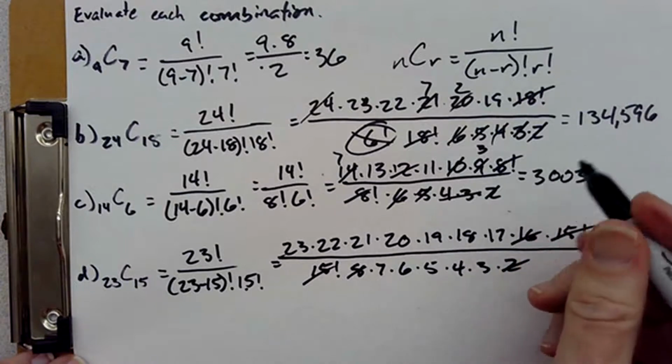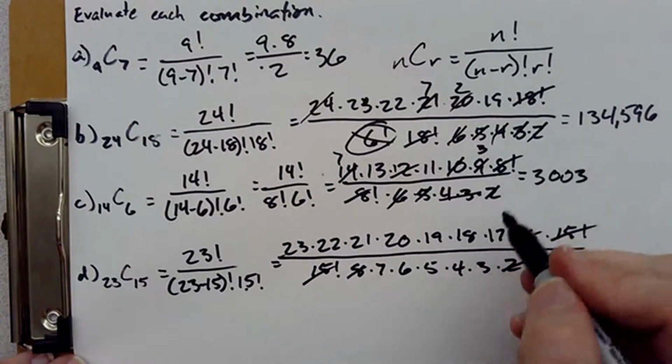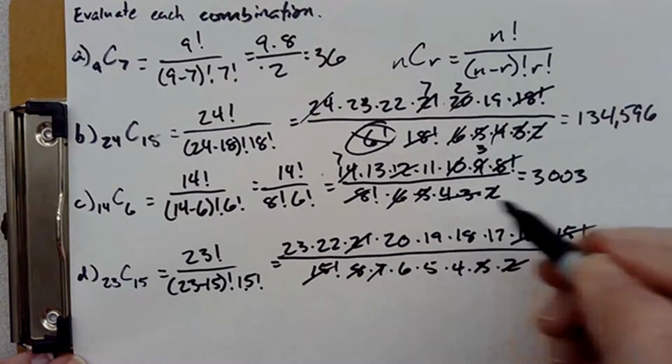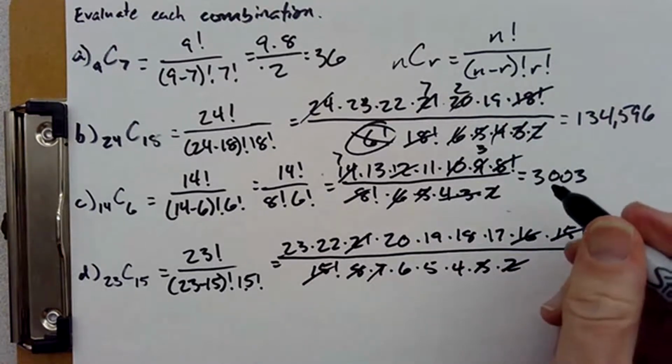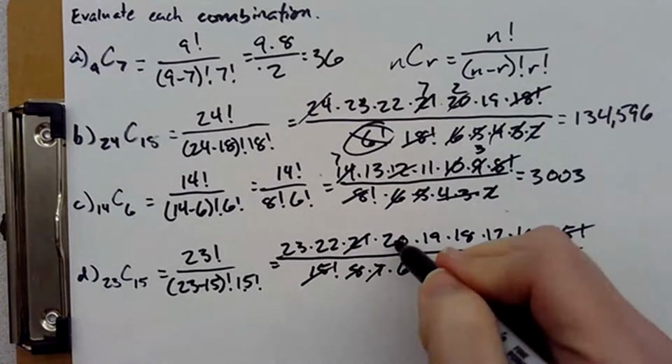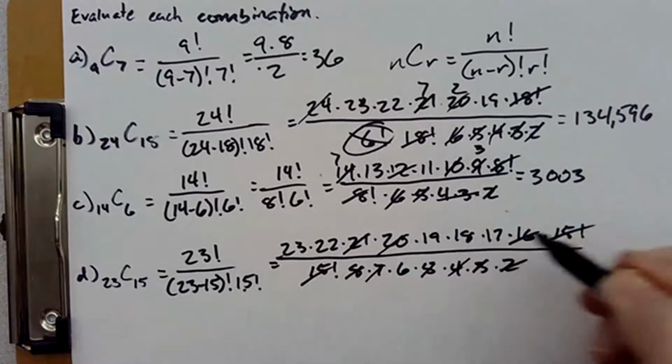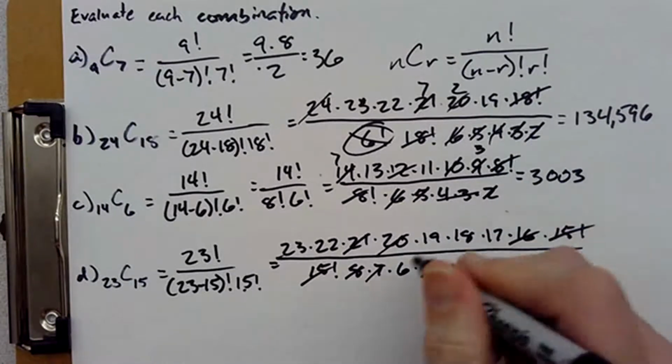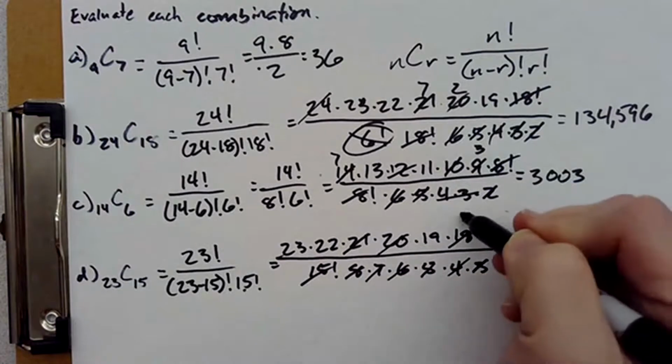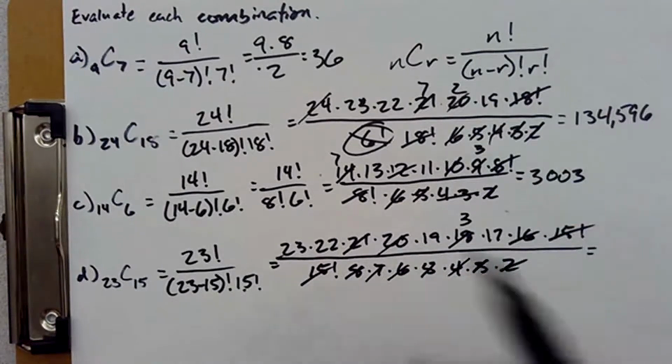We've got a 3 in, we got 3 times 7 is 21. We've got a 5 in our 20 and also a 4, so we can get rid of that. And we've got a 6 in our 18. There we go. We're left with 23 times 22 times 19 times 18, no, times 3 times 17.